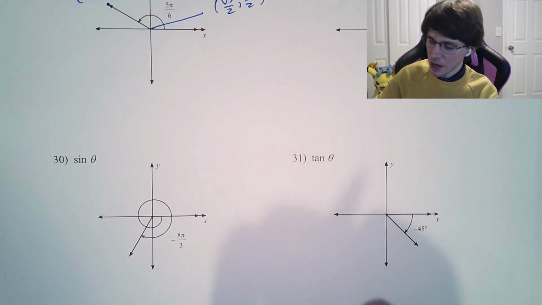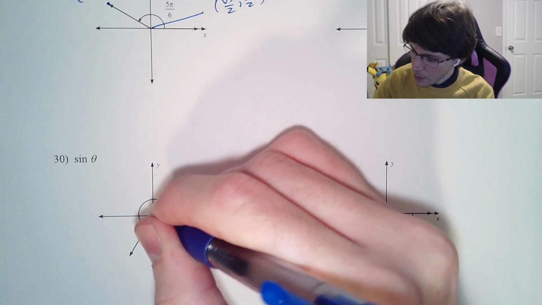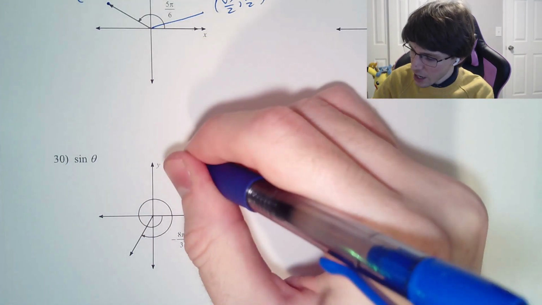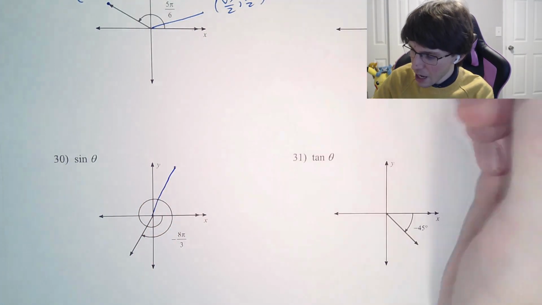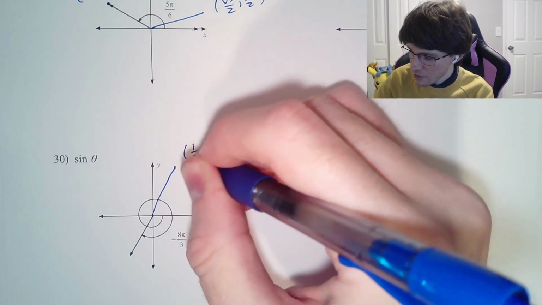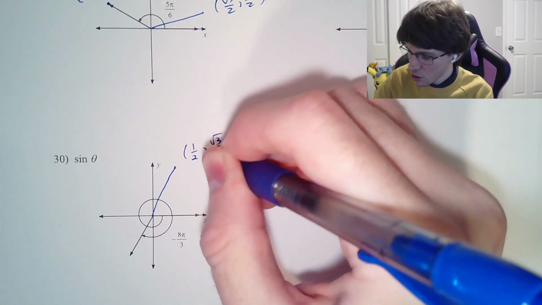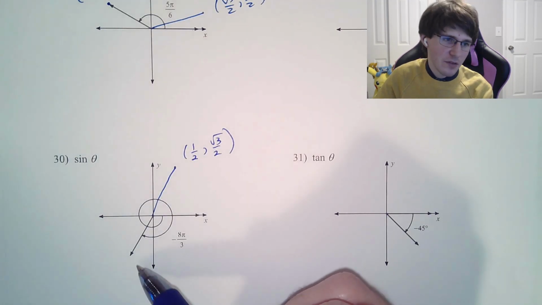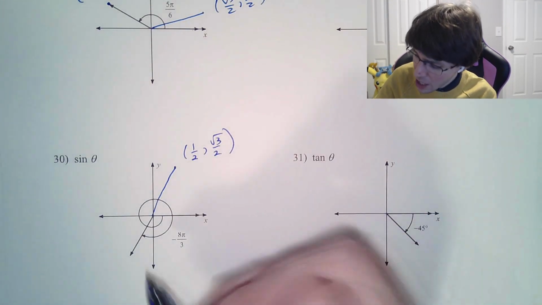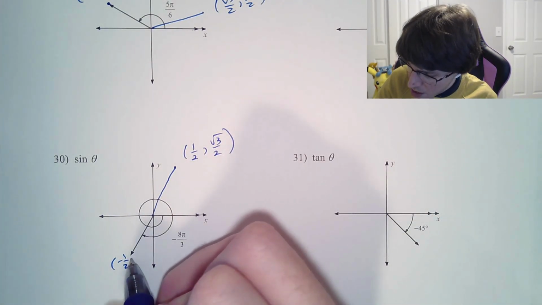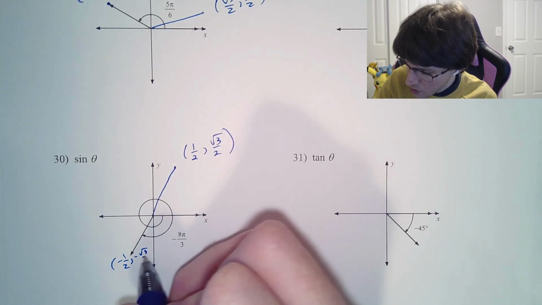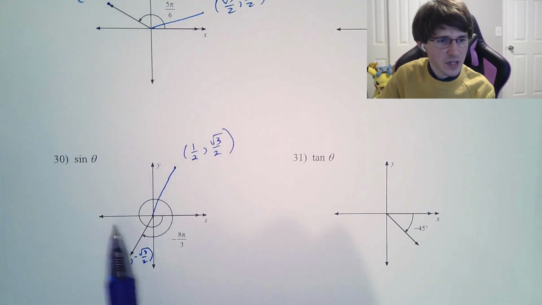Same idea over here. We have that 4 pi over 3. We know that up in this corner, the pi over 3 value is exactly the same one as that previous question. We have that 1/2 comma radical 3 over 2, but we're in that bottom left-hand corner. The bottom left-hand corner has negatives for both of those coordinates, negative 1/2 comma negative radical 3 over 2, because we're going left and down.